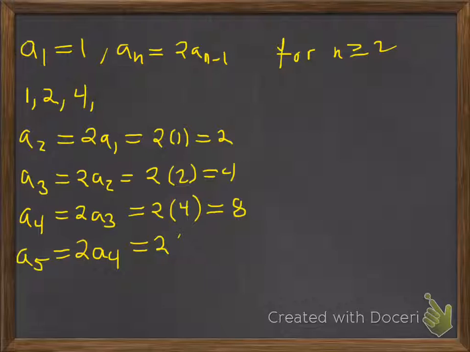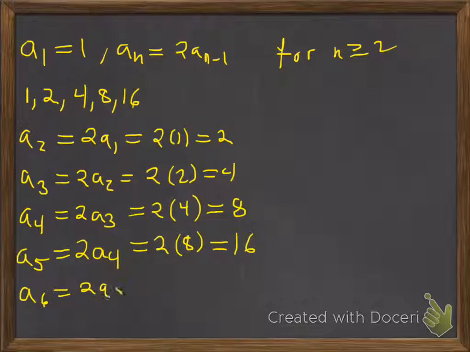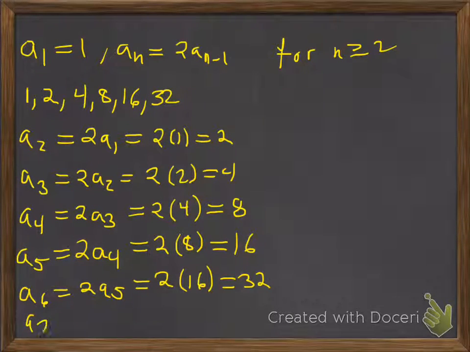It looks like it's probably going to be a geometric sequence because we are multiplying each term by 2 to get each individual term in the sequence. But as you can see, the pattern continues here. I think we're going to go all the way out to 64 here with the 7th term.